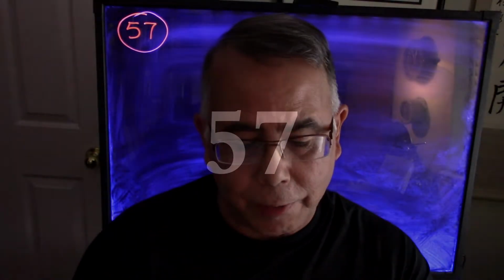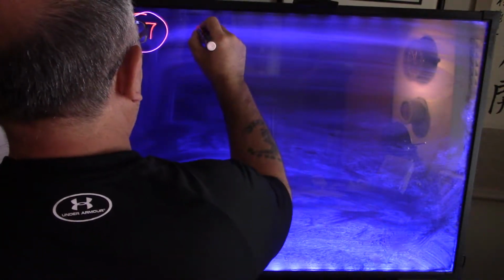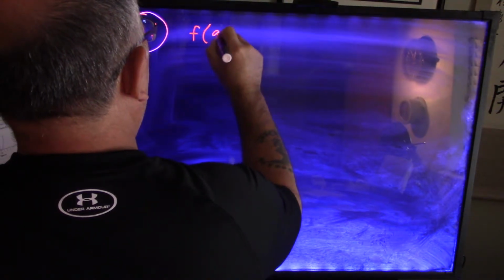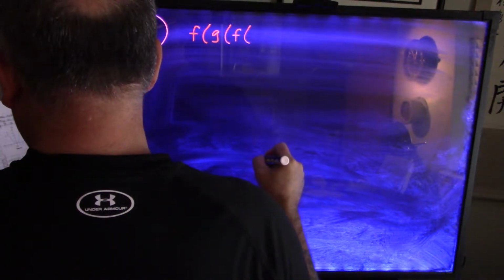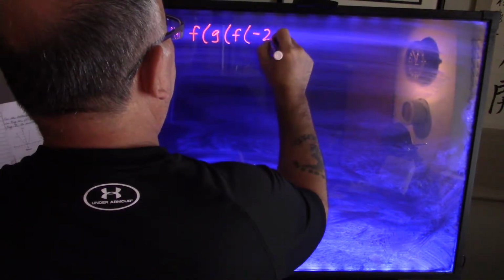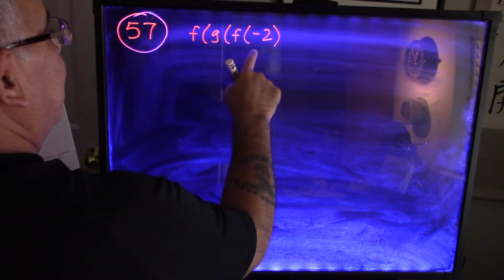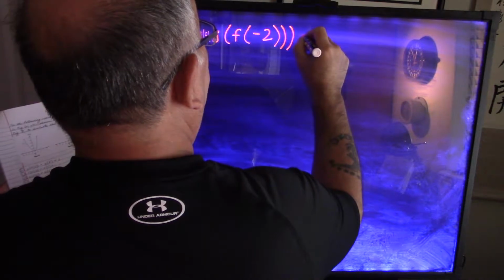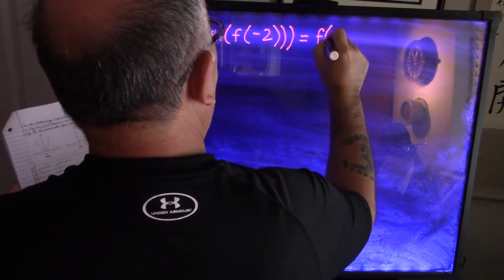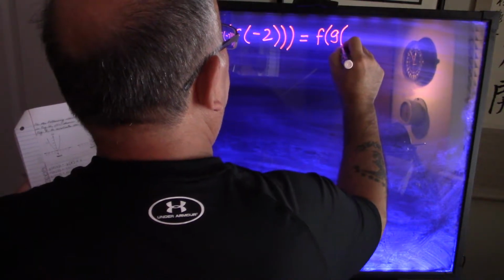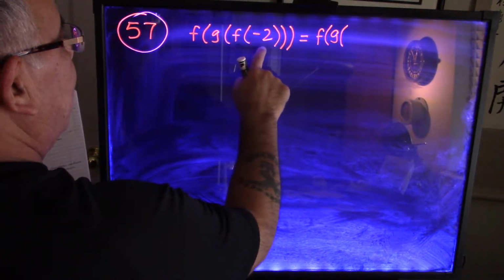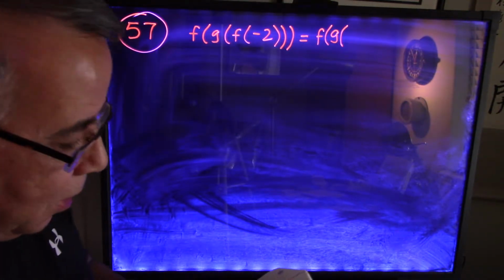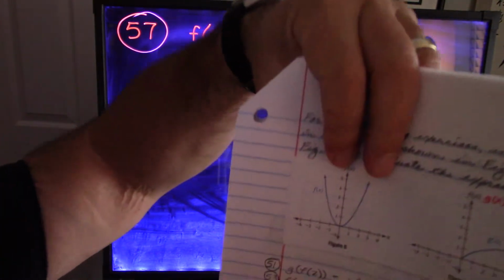Okay, number 57. F of g of f of negative 2. We have 3 opening parentheses, so we need 3 closing parentheses. 1, 2, 3. Alright. So that's going to equal f of g of... Now, we need to find out the innermost value. F of negative 2. What is f of negative 2? Well, I got a feeling that's 4, right? Y equals x squared.